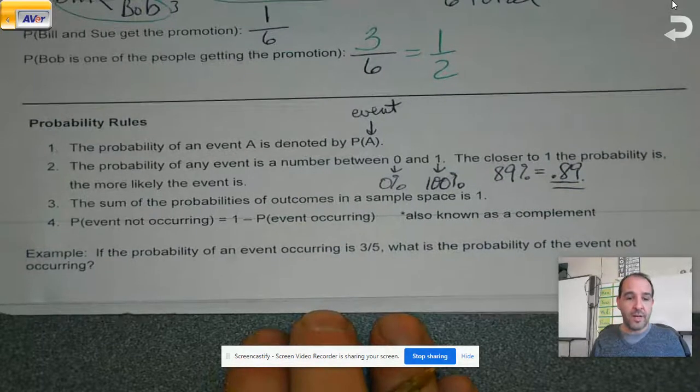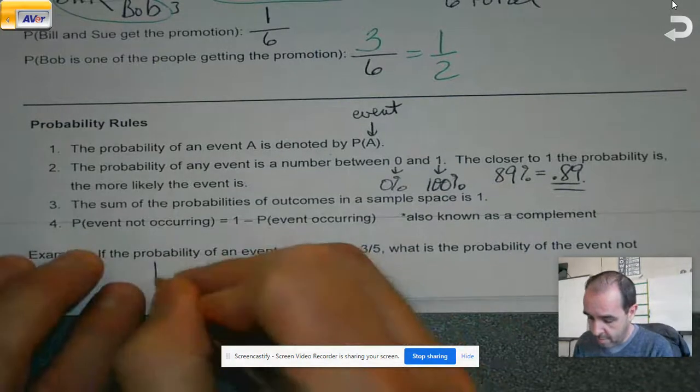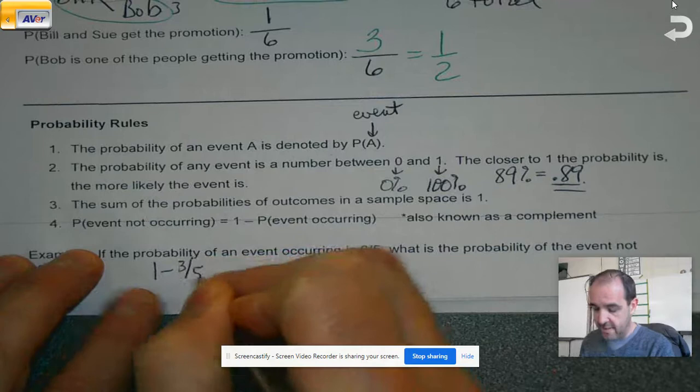And then the final one here is that the probability of an event not occurring, not happening, is the same as 1 minus the probability of it actually occurring, which is known as a complement. Our last example says if the probability of an event occurring is 3 out of 5, what's the probability that it doesn't? 1 minus 3 out of 5.